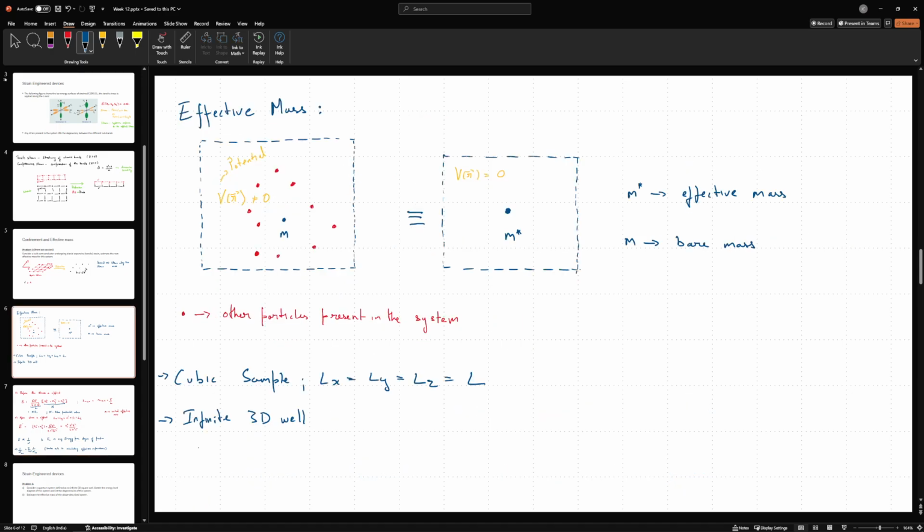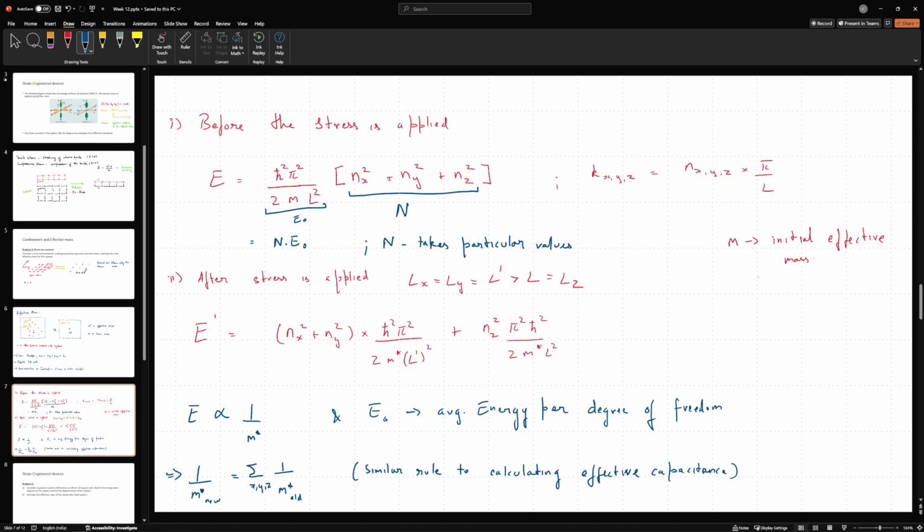I will also say that the semiconductor is isotropic. I can assume that it's a cubic solid, so I don't have a difference between the x, y, and z axis, which is why I could have the same initial effective mass.